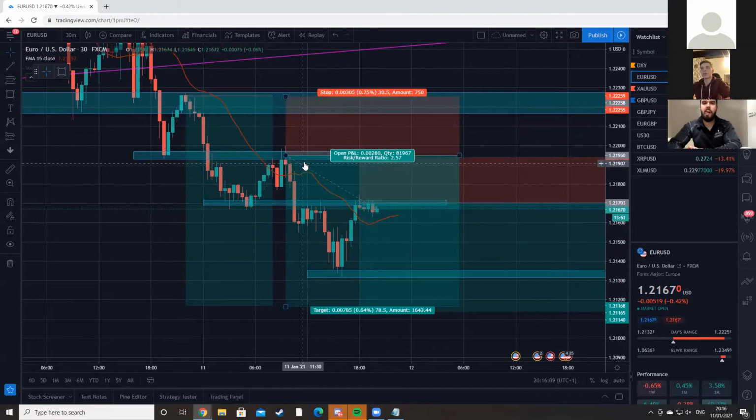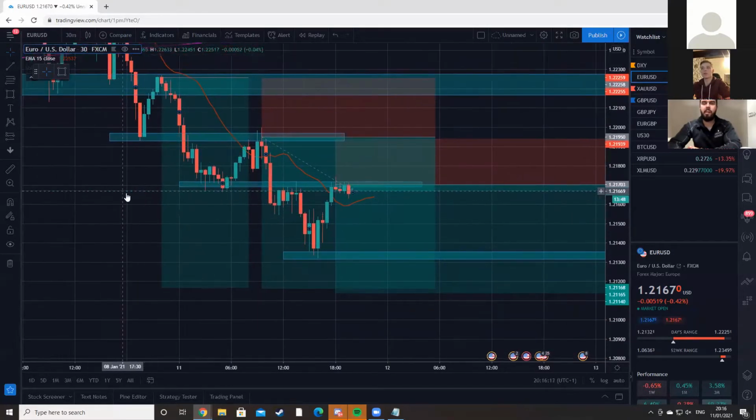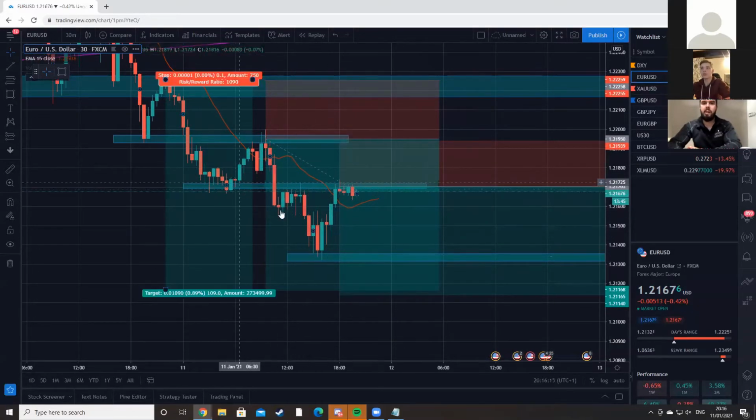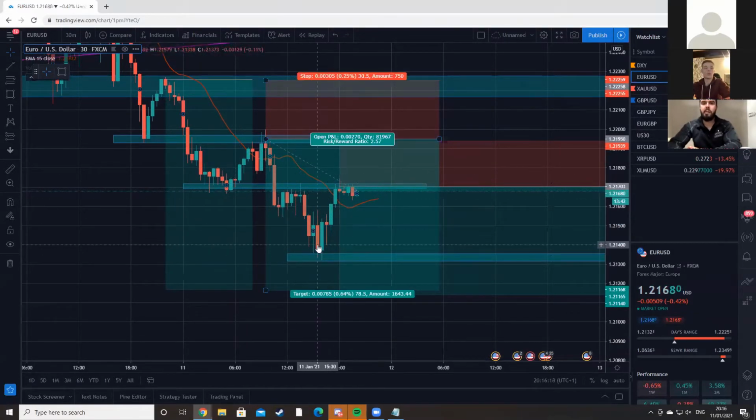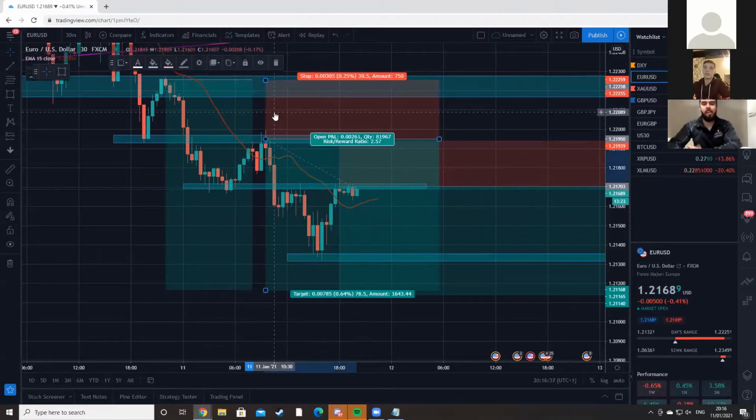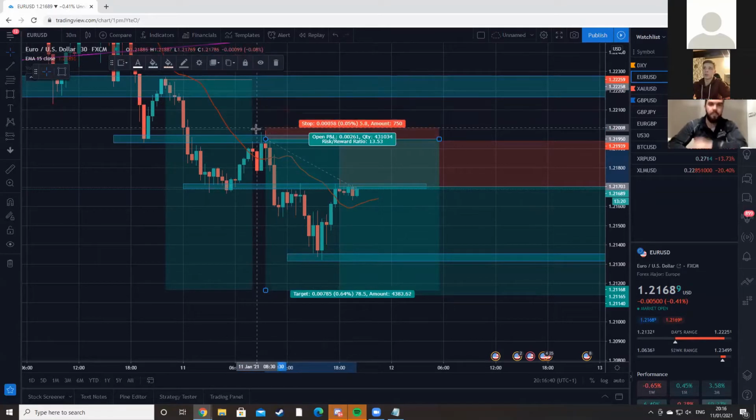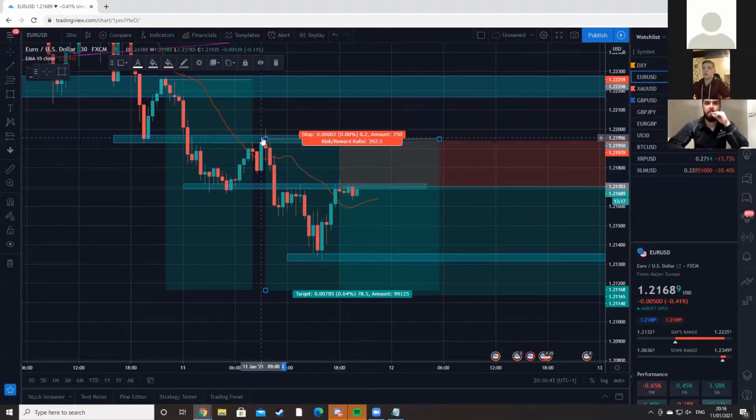After this entry, what I'm looking for is another low. And after this low, I will be looking for maybe a possible third entry, which I am in right now. Because an hour or two ago on this candle, I put my third sell opportunity on EURUSD, which means the stop loss will be going down to the stop loss of our third entry, which is at our last high.